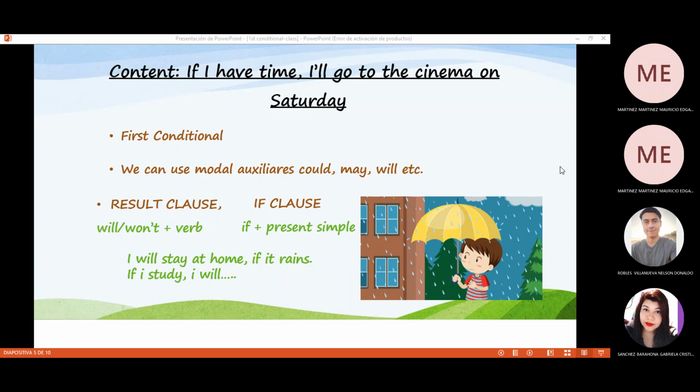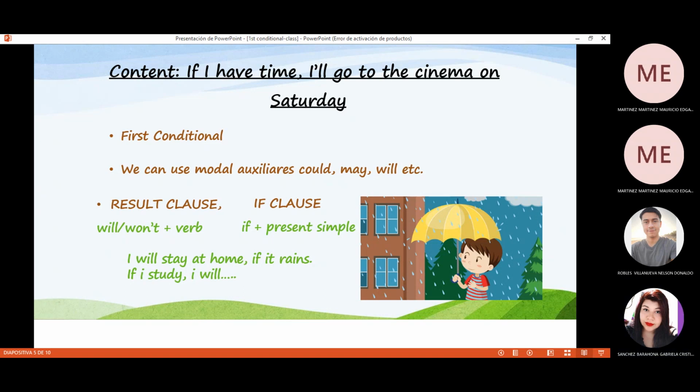Okay, time is up. I guess you are thinking about one possible answer for "if I study, I will..." So can I hear some of your answers, please? My answer is, if I study, I will pass the exam.